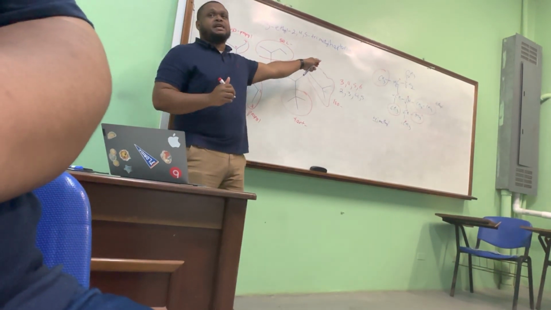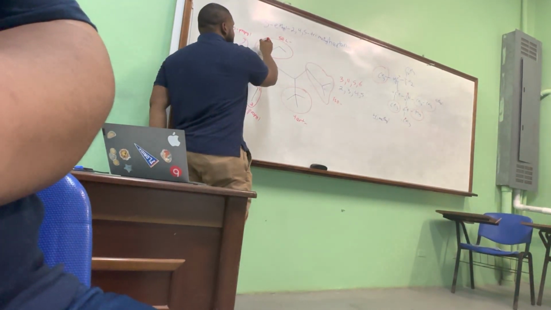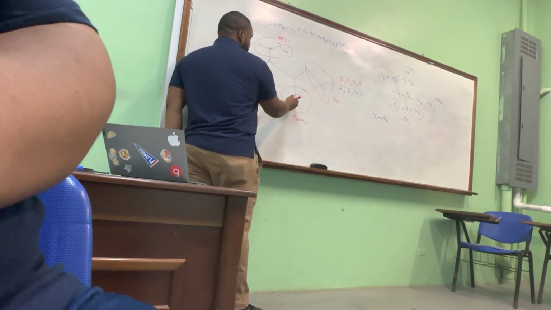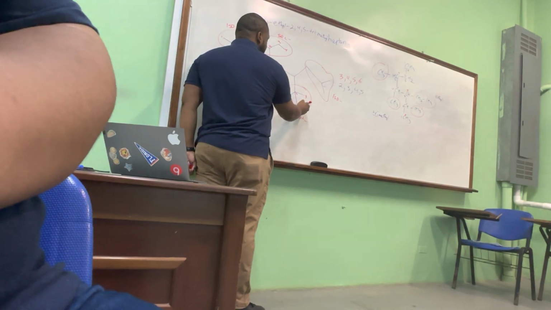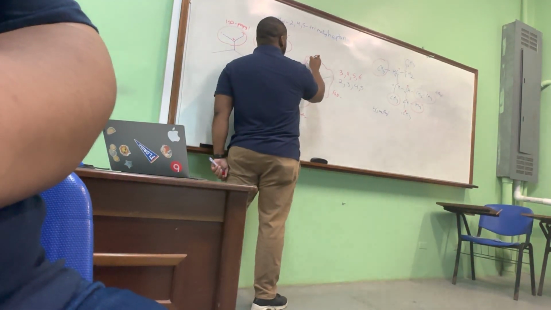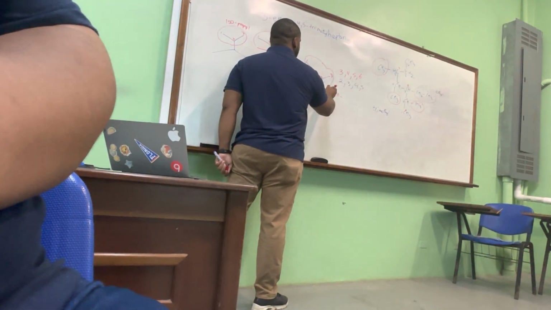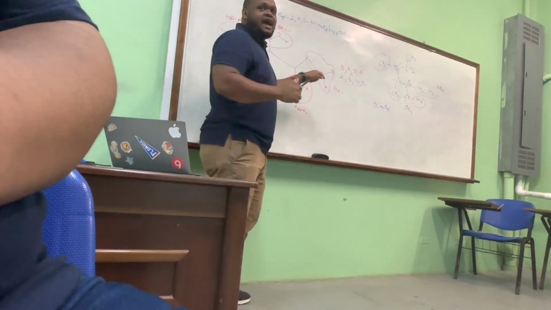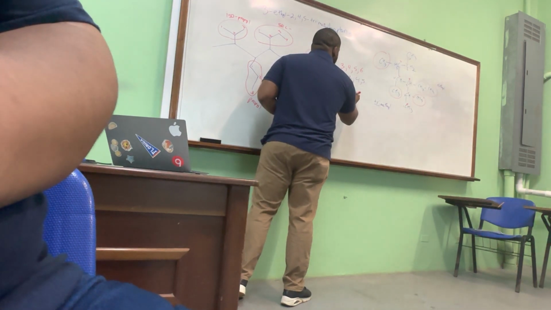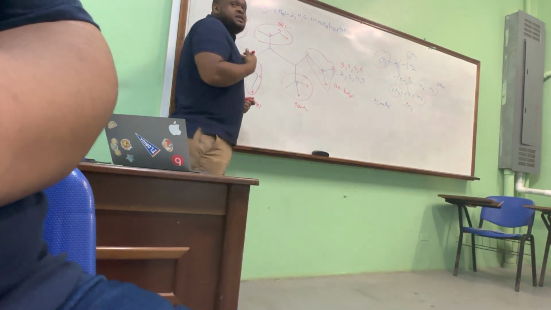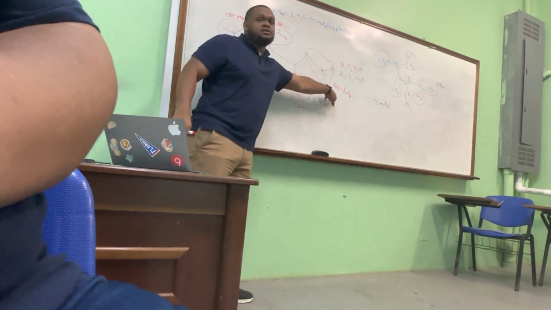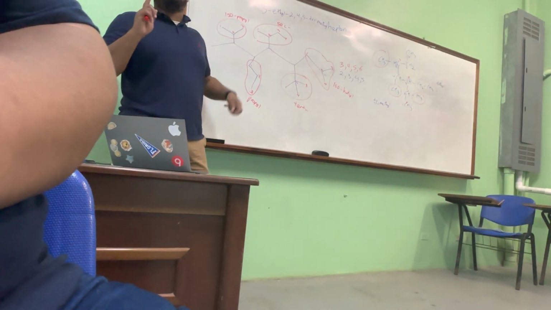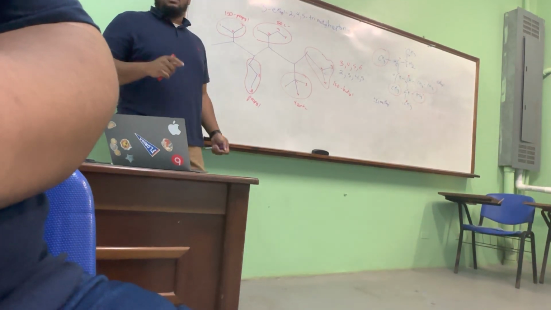The butyl group has 4 carbons. So if you notice, 1, 2, 3, 4. Here, 1, 2, 3, 4. This one is a little tricky because sometimes the isobutyl tricks me too, between the isobutyl and the isopropyl. You have to just look at how many carbons are numbered.